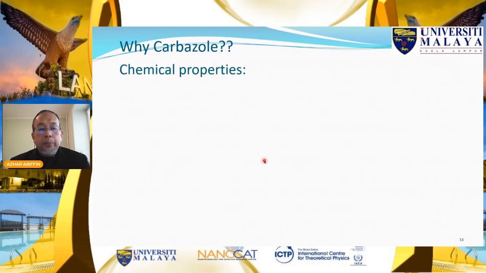In terms of chemical properties, why is carbazole interesting? Because you can do direct substitution at position 3 and 6, and you can do indirect substitution at position 2 and 7, in order to get various different structures to make the molecule suitable for an OLED device.